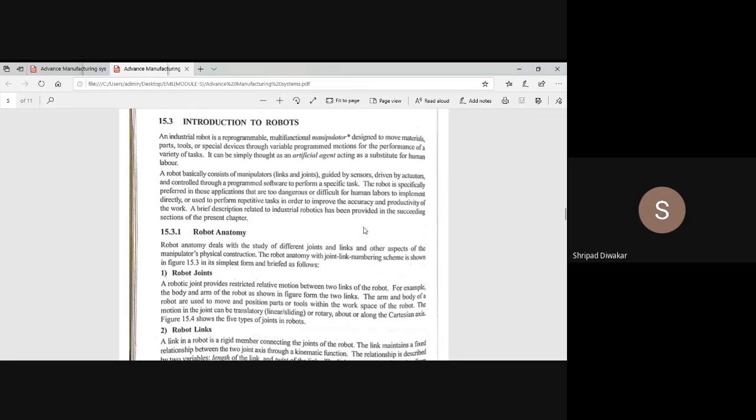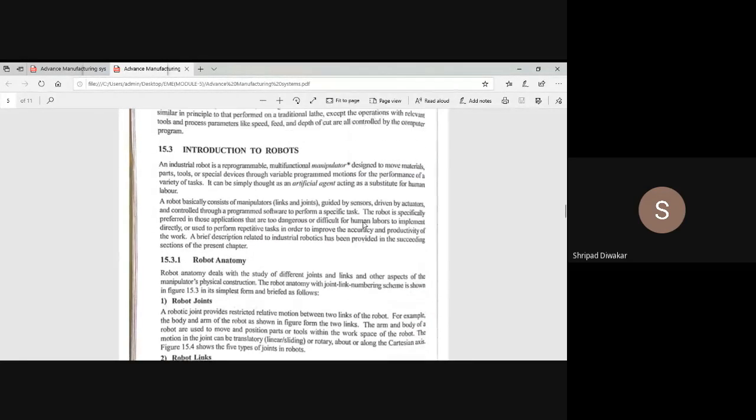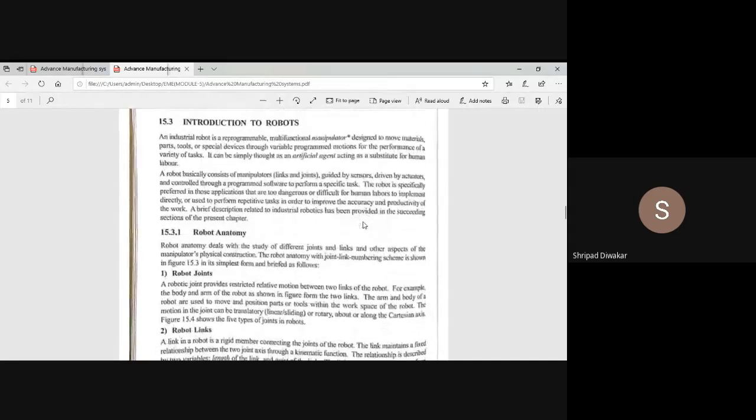A robot not only performs this one, it performs a variety of tasks. But a CNC machine, suppose you take a CNC turning center, performs only the turning task. Robotics is multifunctional, meaning it performs many functions at a time, and it is controlled through programmed motion for the performance of a variety of tasks. That is called a robot.